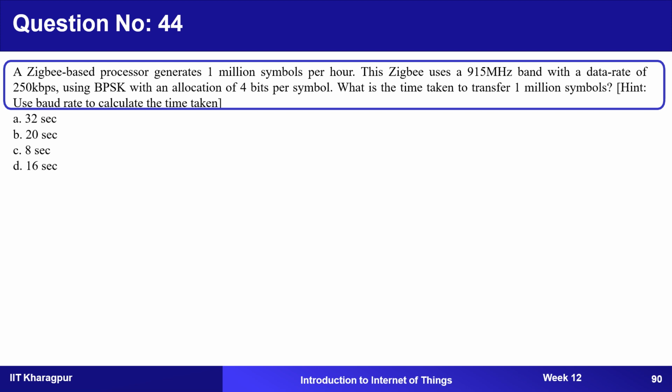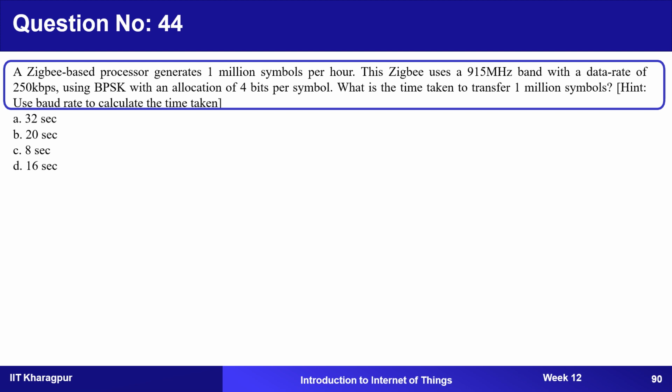Anyone? Okay, take your time, use notebook. You have to calculate the time in order to transmit 1 million symbols. One hint is given. Use baud rate to calculate the time taken.